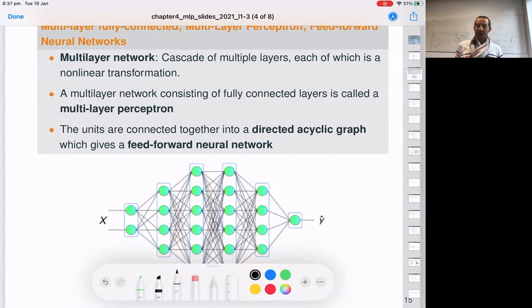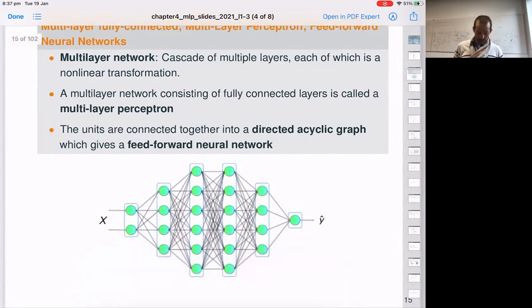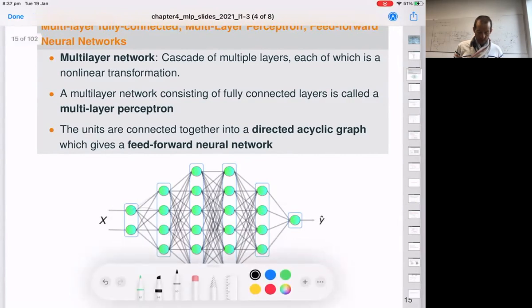It is fully connected because you can see that in this example we have two inputs, and each input is connected to all the neurons at the beginning, and each output is also connected to all the next neurons.